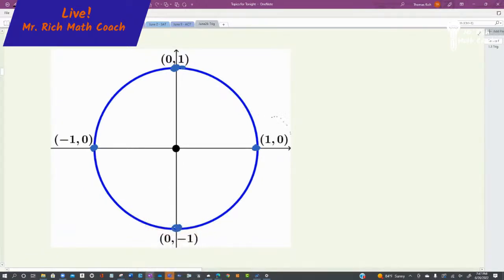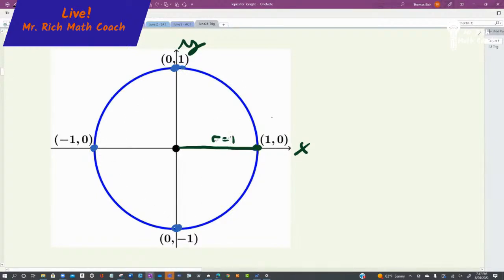So the unit circle exists in the XY plane. You mustn't forget that. And it is a circle with a radius of 1, because if my radius is 1 unit in length, then each one of these points here is as shown: (1, 0), (0, 1), (-1, 0), (0, -1).